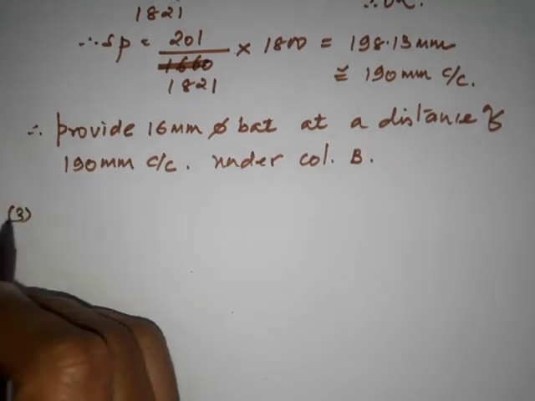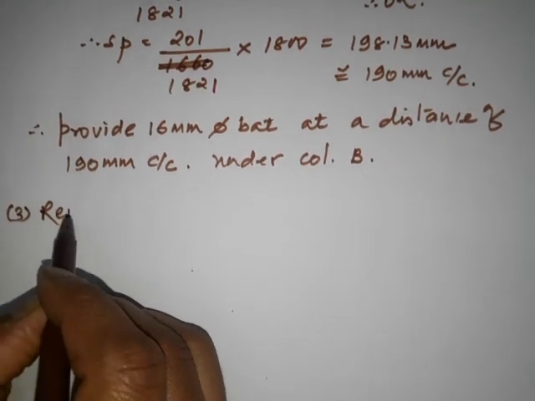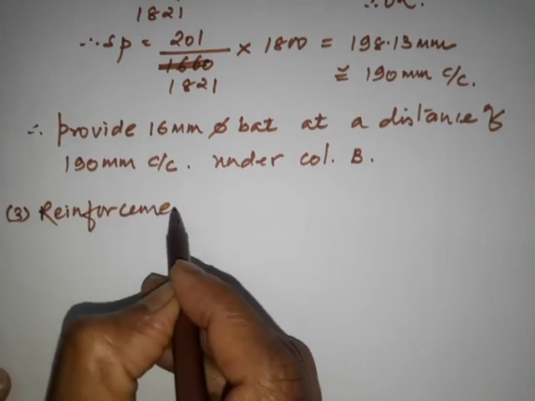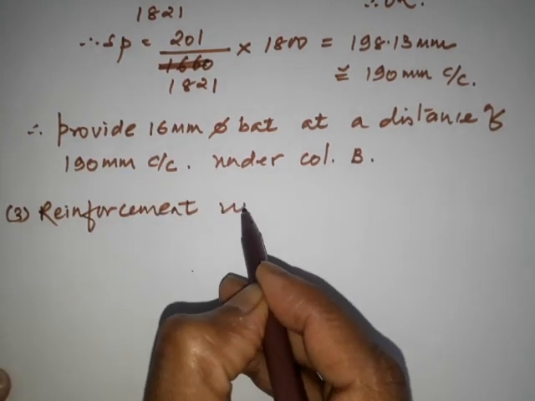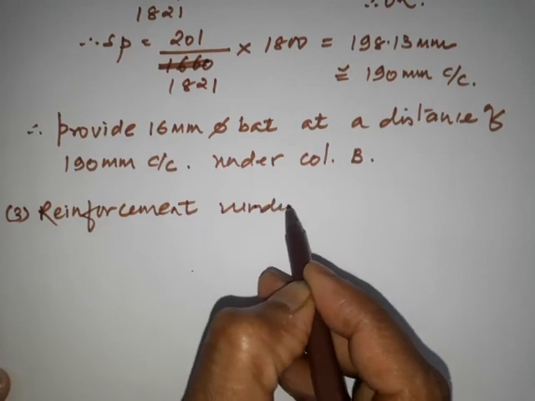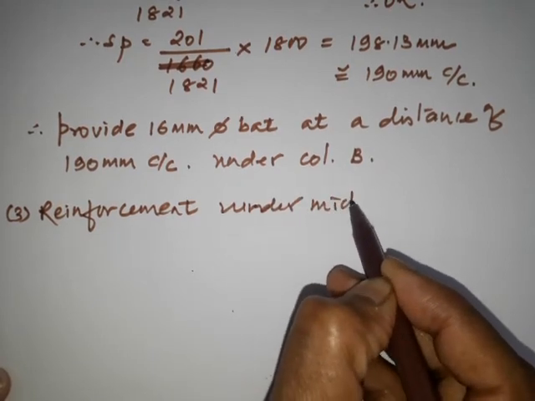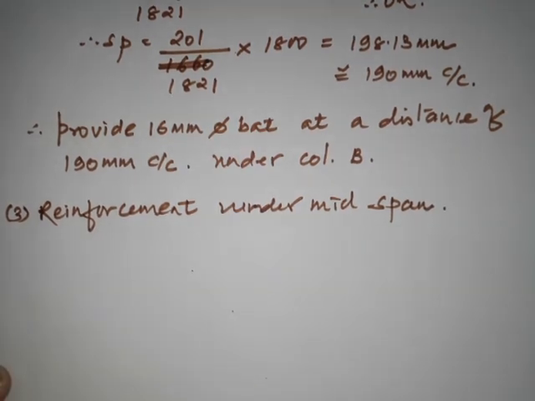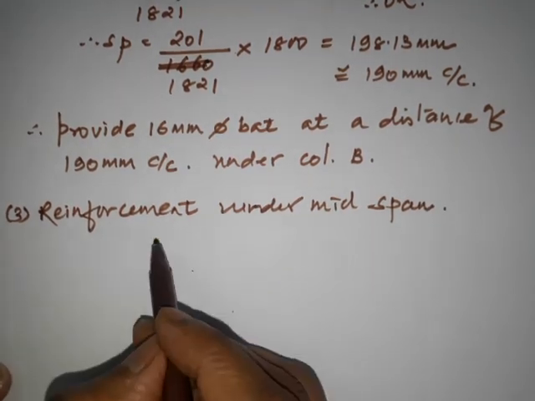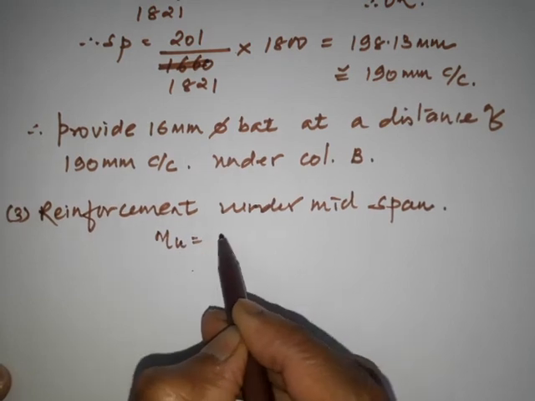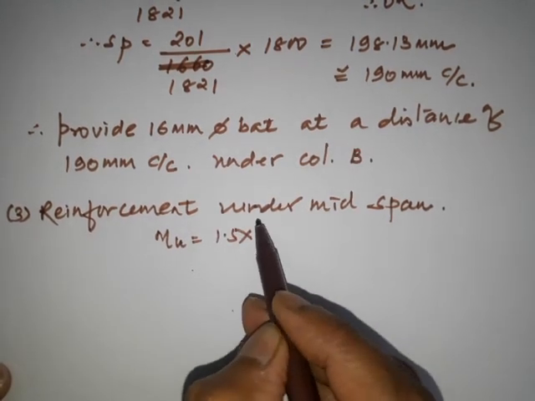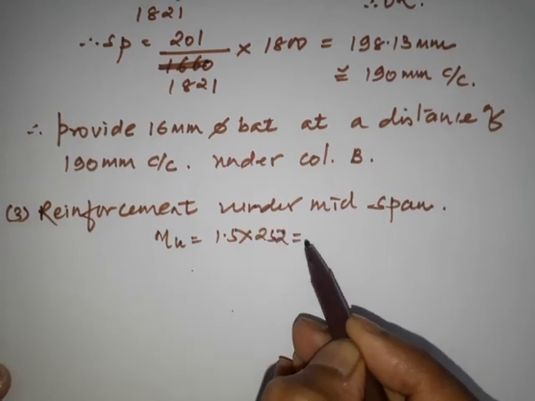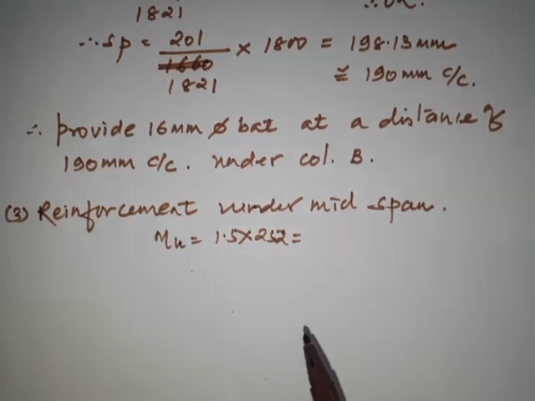Then we'll go for next, that is reinforcement under midspan. So we will get Mu is equal to here 1.5 times midspan moment is 252. 1.5 into 252.